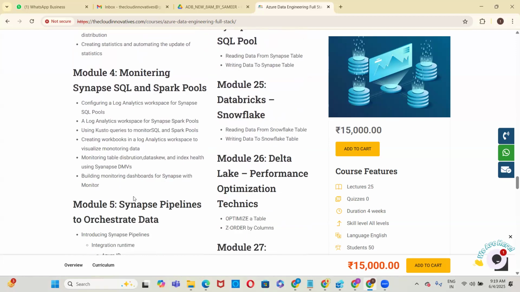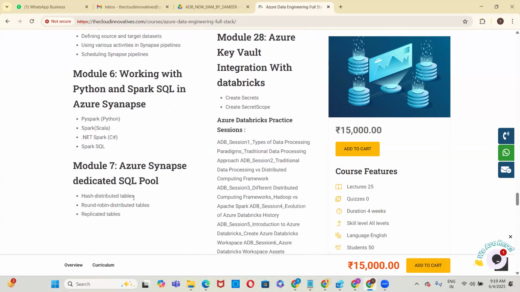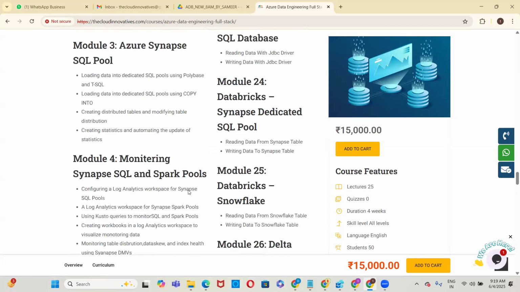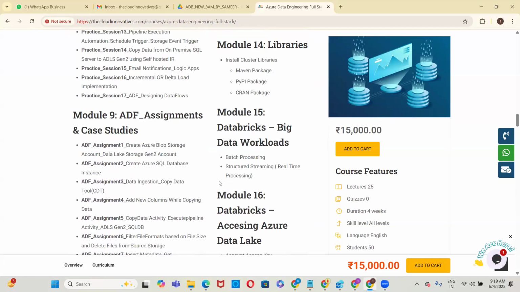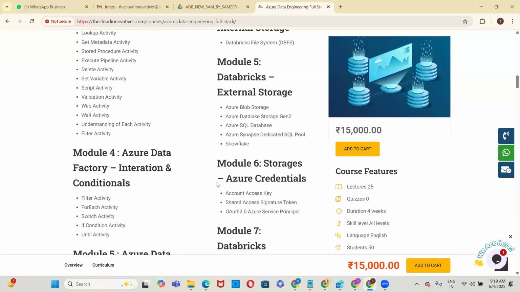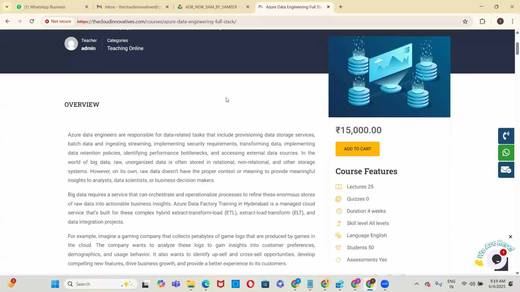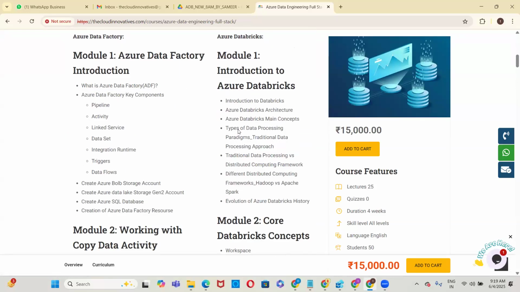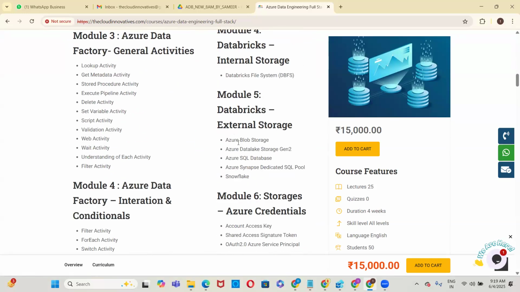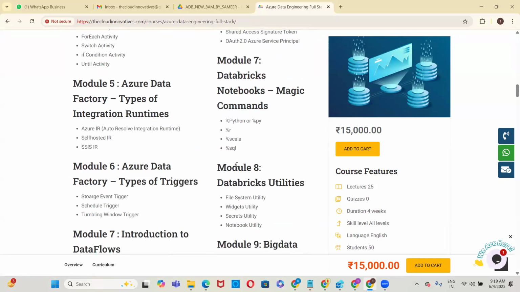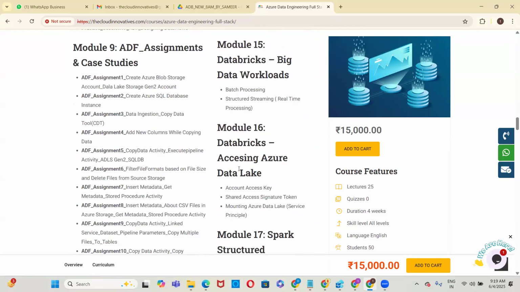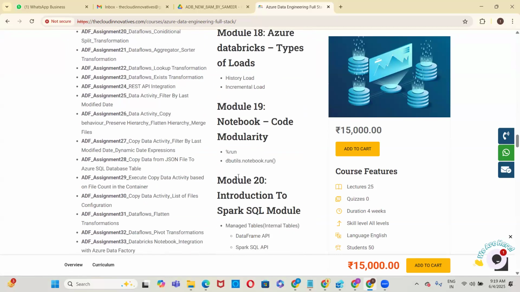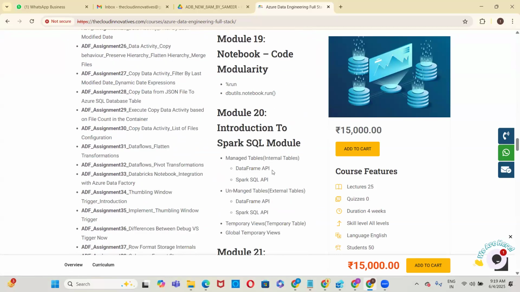Okay, so can you see here? All these are the things you have. Exclusively, this one is the Databricks. This is the Databricks you have. It is written module wise, but practically, while using it, we will use it in a different method.